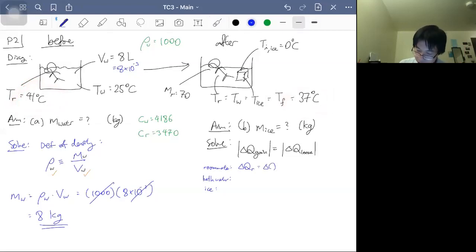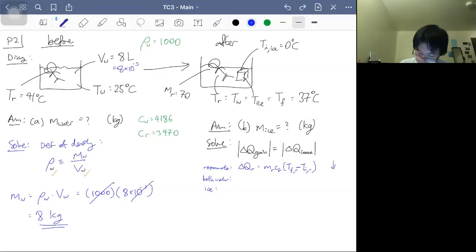Okay, so cooling down means you want mc delta T. Immediately you want to label things as well, because you have different mass and different C going on. Delta T, let's skip one step to save a little time: T final of the roommate minus T initial of the roommate. Okay. So this belongs to Q loss, right? So the roommate is losing heat. Let me just use an arrow. This is going to go on this side of the equation.